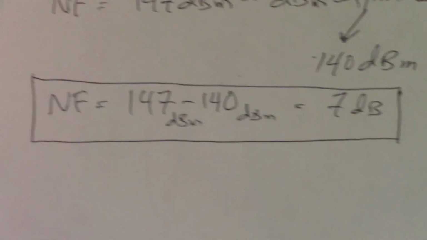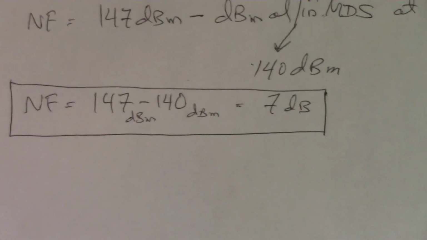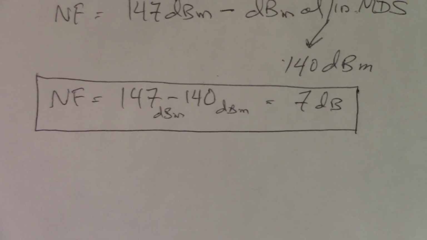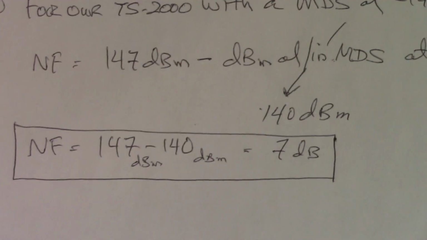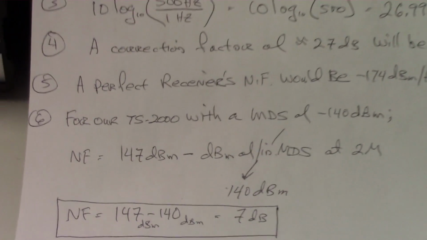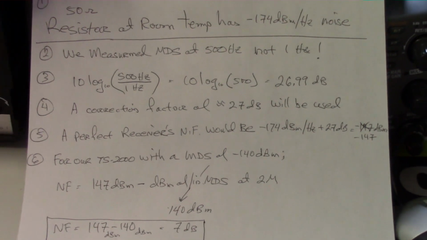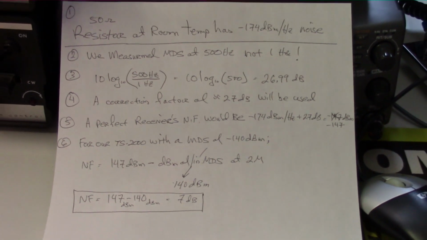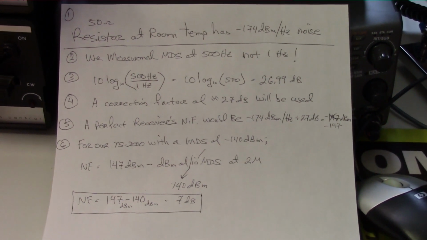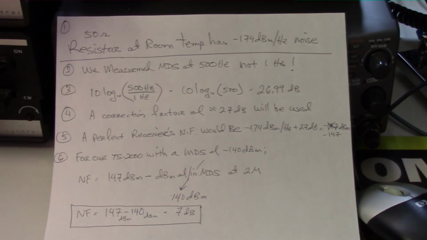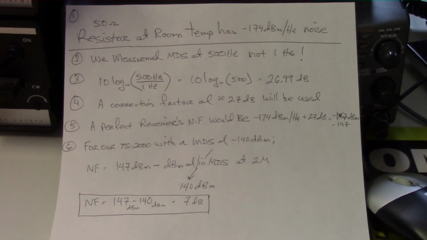So this is an easy way to calculate what the noise figure of your front end is. It's also an easy way we showed you to measure the MDS of your receiver. And using this information, you can then determine if you need a preamplifier, and if so, what kind.